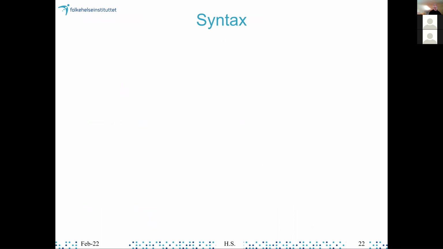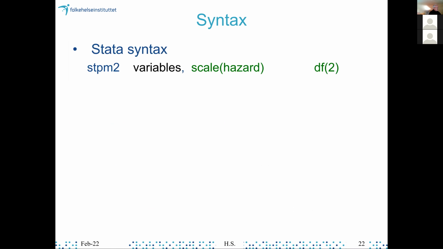Then let's take a look at the syntax for the flexible models. The syntax is called STPM2. ST again stands for survival time, PM for parametric model, and this is version number 2. And then, exactly as in the Cox model, you list your variables. The first one is your exposure, and the others are variables you adjust for.